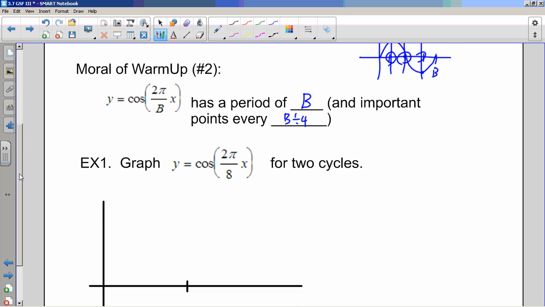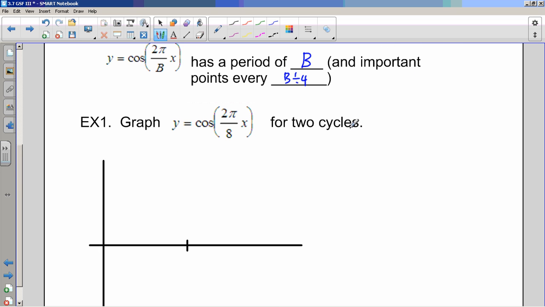So if I wanted to graph that one from the 3-minute review, then I've got my period is 8, and important points are every 8 divided by 4 quadrants is 2 units. Well, so that means this is going to repeat itself every 8 units.